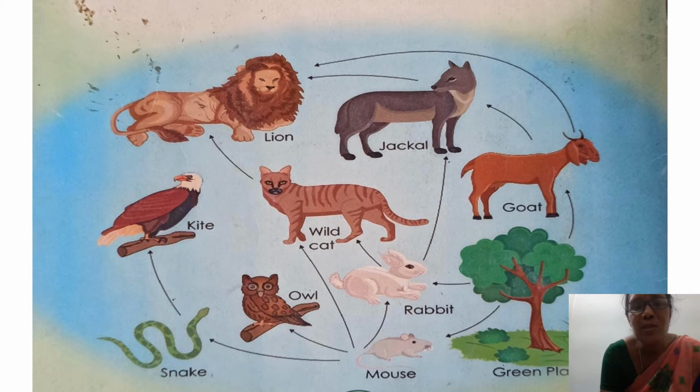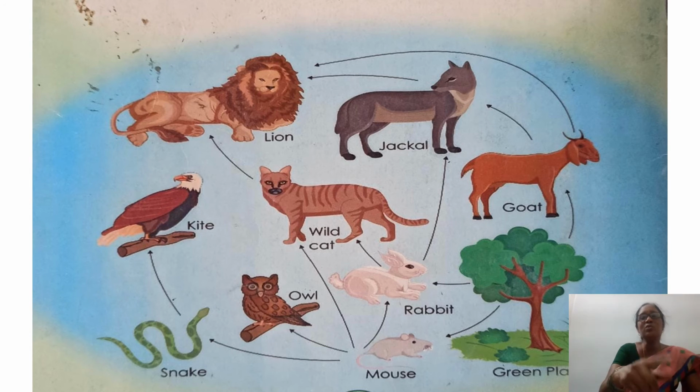Plants, mouse, then snake, then kite. This is one food chain. The snake eats the mouse. When a snake eats a mouse, its stomach gets full, it becomes drowsy and sleeps, and does not move. So snakes like mice. Here, who is eating the snake? Kite is eating it. This is one food chain.